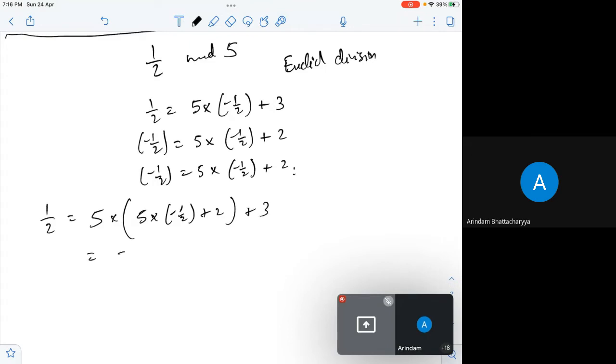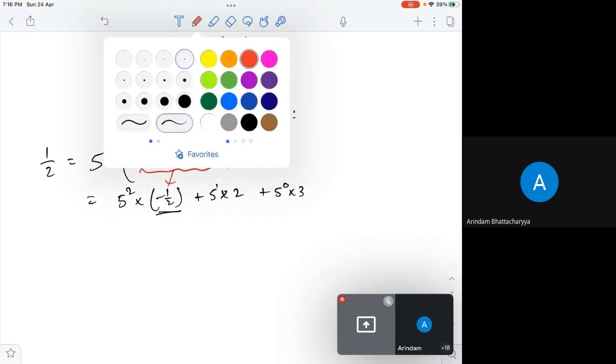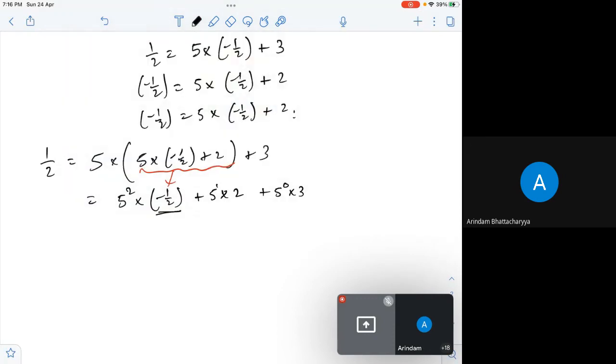This is 5 square times minus half plus 5 times 2, right? And again I'll open this minus half, put this in place of the minus half, and get a 5 cube thing. So eventually what happens is I get 5 to the power 0 times 3 plus 5 to the power 1 times 2 plus 5 square times 2, and so on.